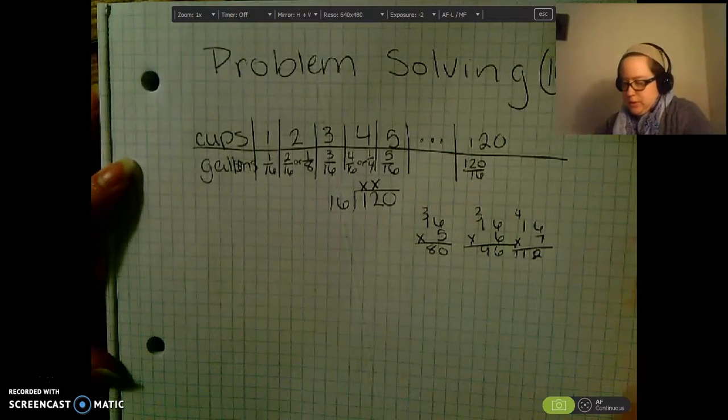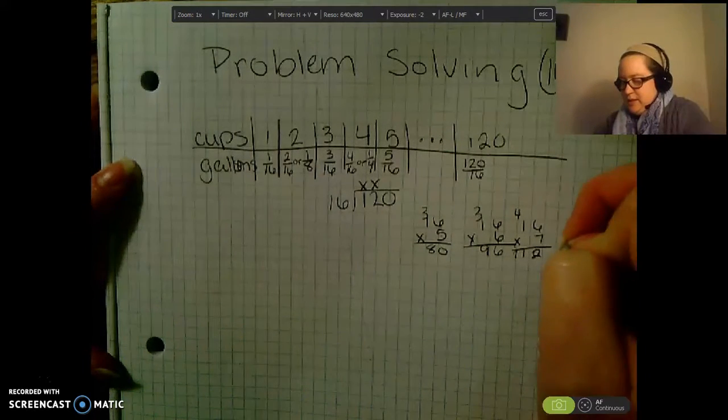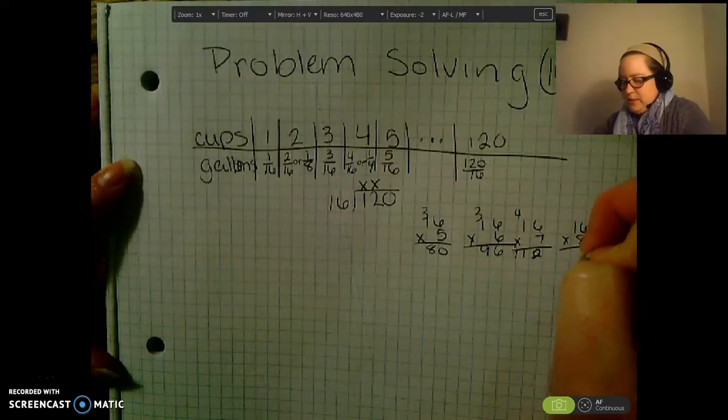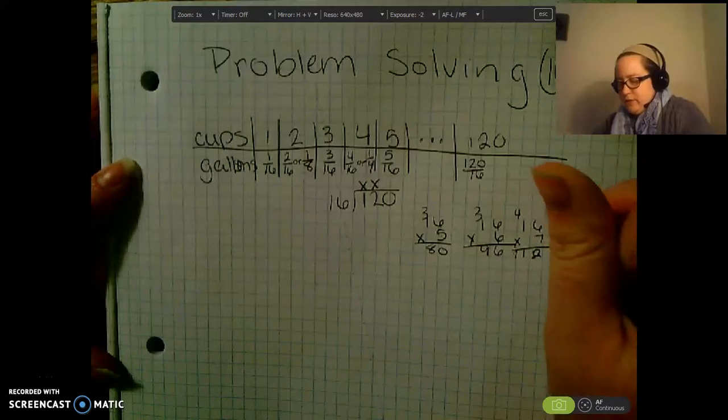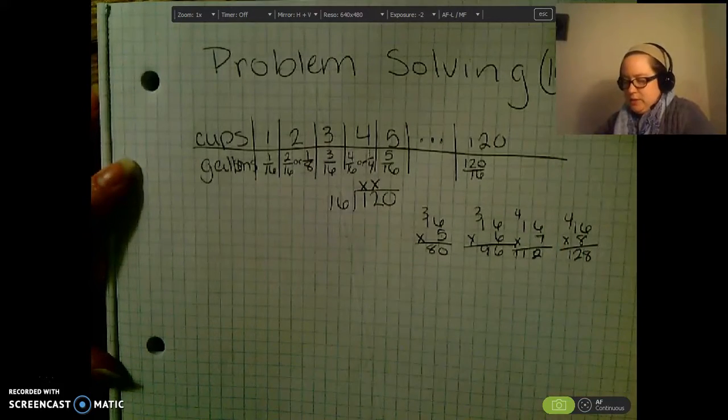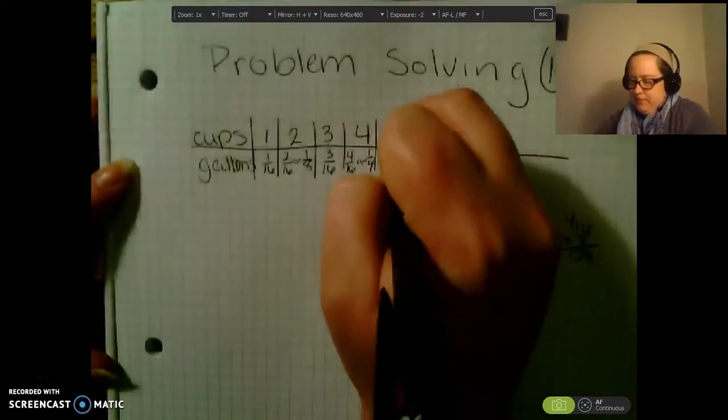So we're even closer. Let's try 8. 16 times 8, 8 times 6 is 48, 8 times 1 is 8, plus 4 is 12, 128. So that's too much. So it's going to be 7 times.